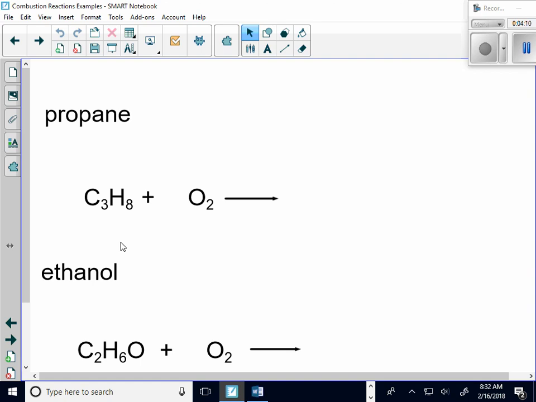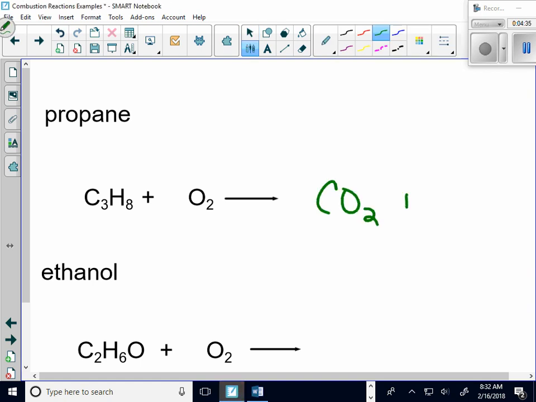Those gas tanks in your grill, what do you think they're filled with? Propane. So, propane is C3H8. When we have propane reacting in a combustion reaction with oxygen, what are my two products?